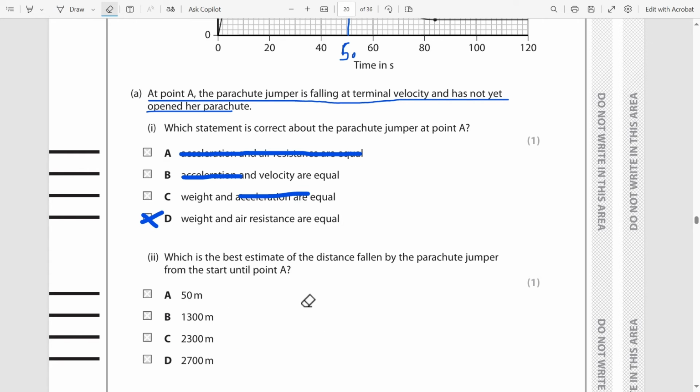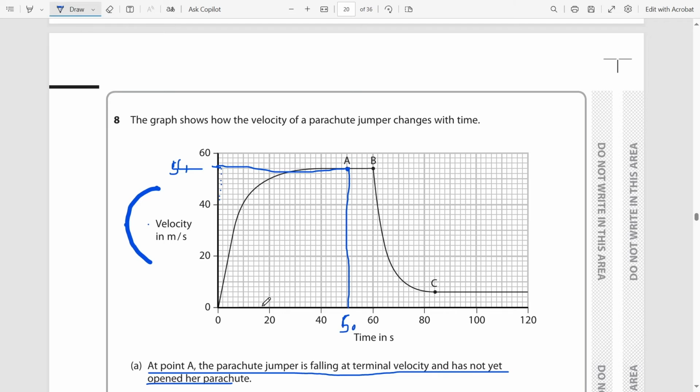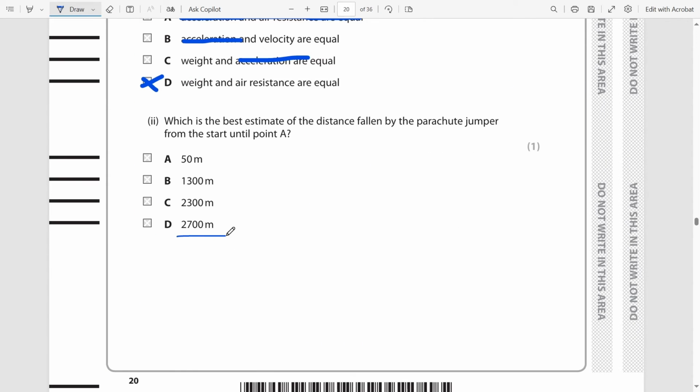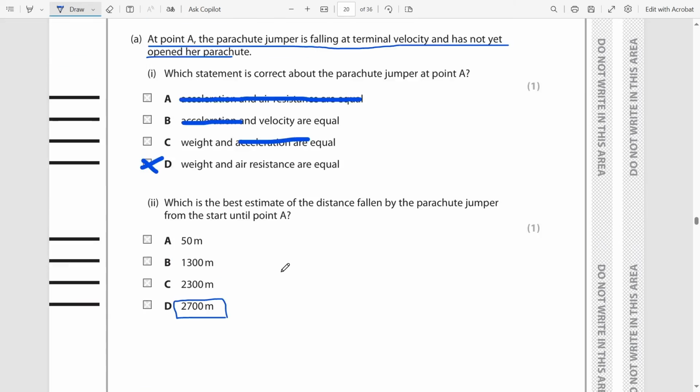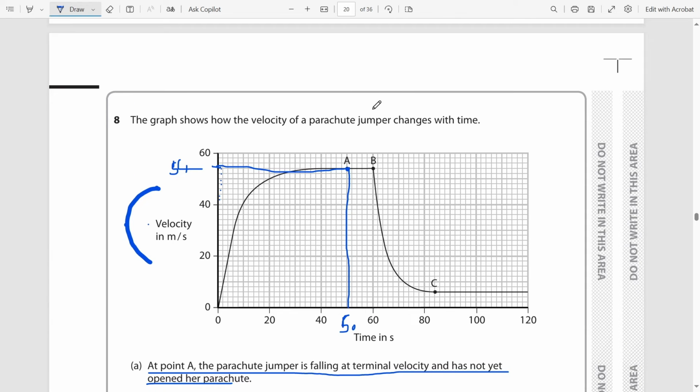So, guys, I know this is one of the answers here, but don't put it as this answer, okay? Because we know that this is definitely a lot more, because we have this entire thing included as well. It's not going to be 2,700, guys, because it needs to be smaller than 2,700.